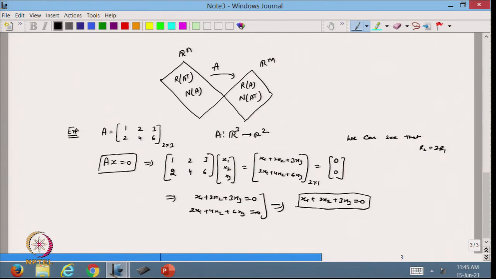Basically, if you take the matrix A and convert it into row echelon form, you will get the matrix 1 2 3 and 0 0 0. This is my U, or the reduced echelon form, that is EA. Based on this I get this value.